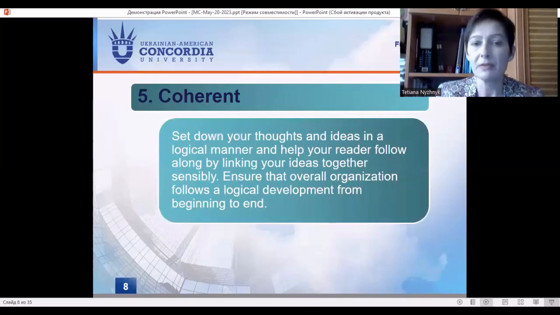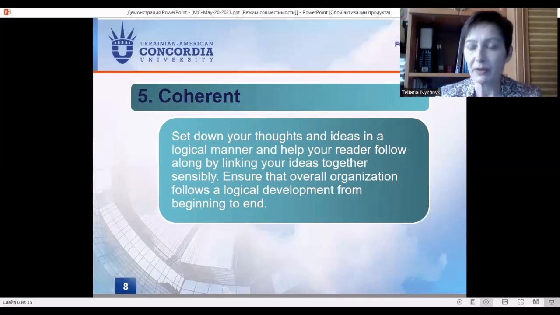Coherent means organized in a logical way. So whatever type of business document you are creating, you have to set your thoughts and ideas in a logical manner. This way, you will help your reader follow along.